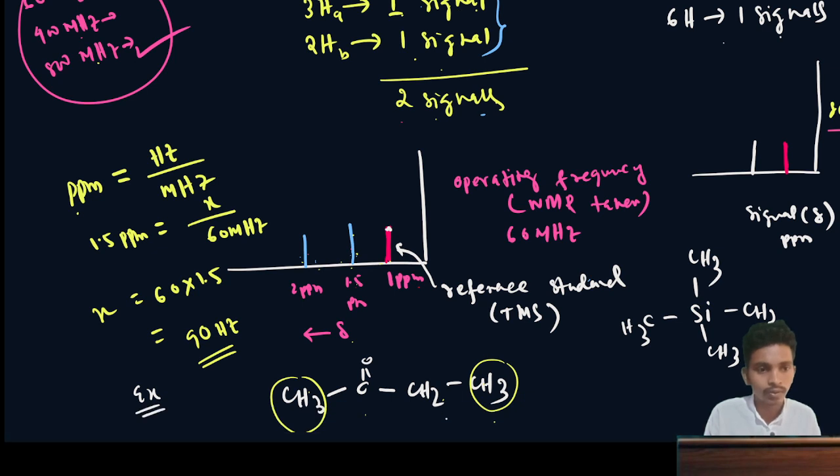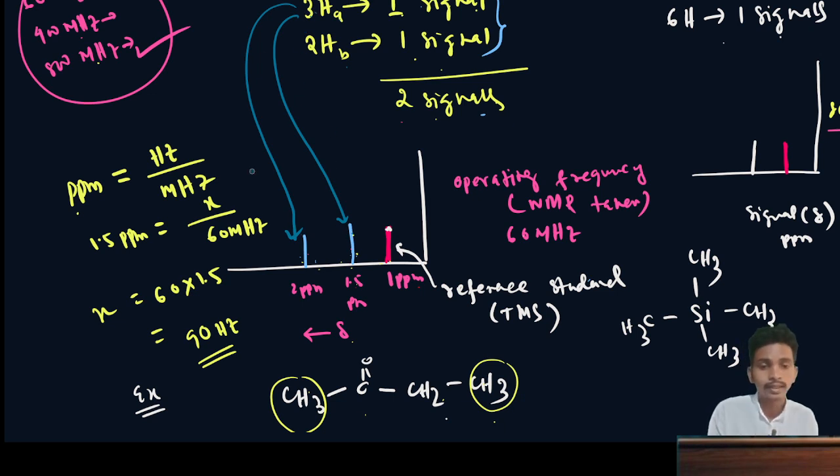Now I want to know that this is A and this is B. So because of A, which signal has come, whether this signal or this signal?